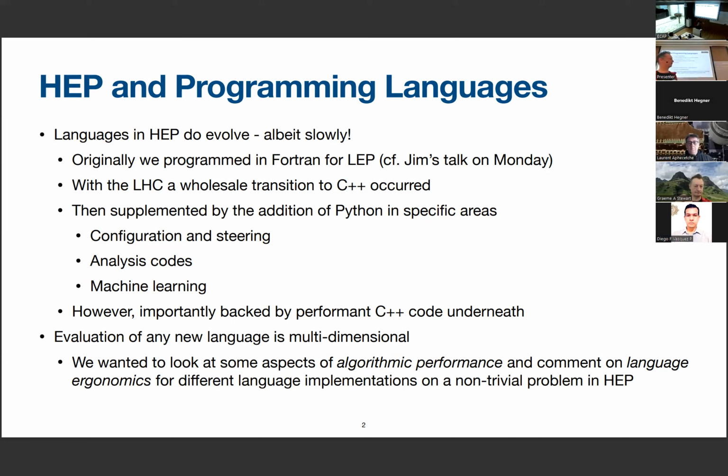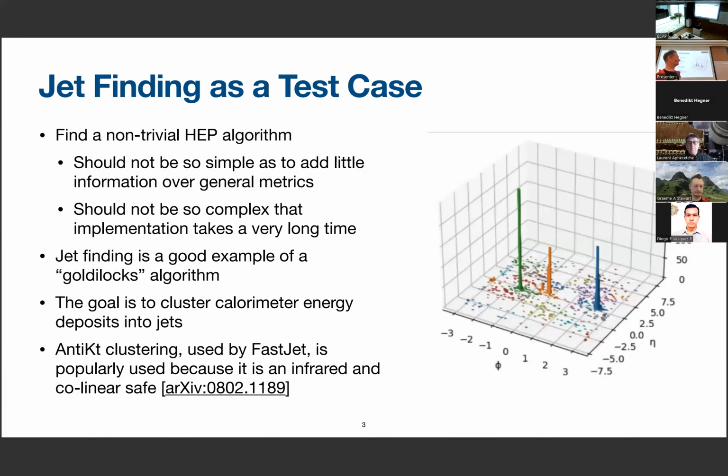I think Jim covered the first part of this slide on Monday: we've ended up in the C++ Pythonic environment, but Julia looks a hopeful way out of that conundrum. So we wanted to pick a problem that would be interesting to investigate, and jet finding is one of these. Benchmarks don't tell you how something will perform on real world problems.